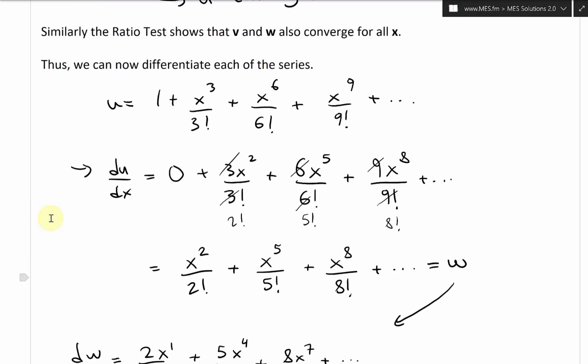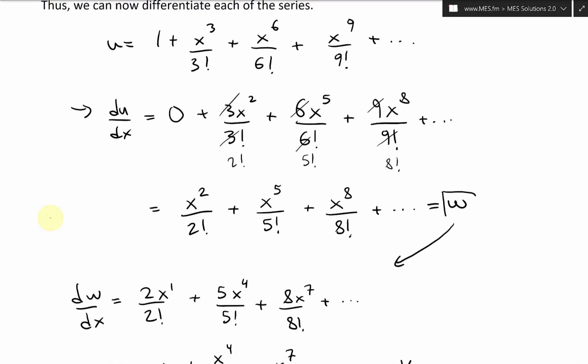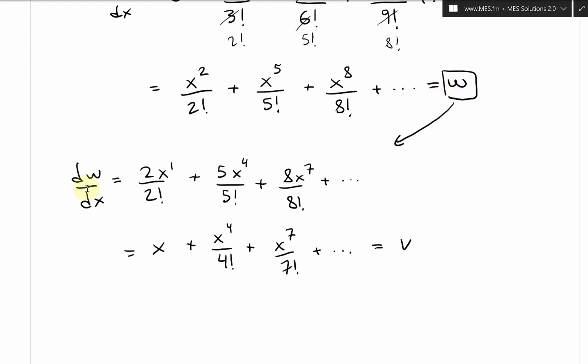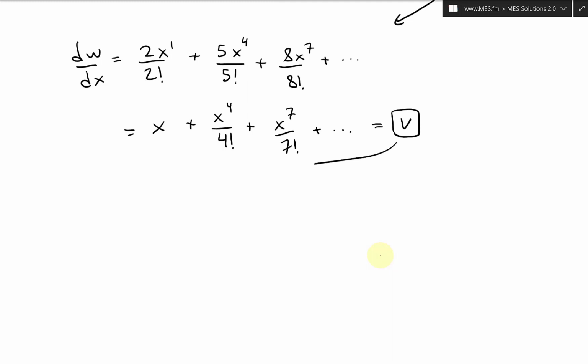All right, so what I'm going to do is box this in. So du over dx is equal to w, dw over dx equals v. And now, so that's v, so let's take the derivative of this one now, and this should be u. So dv over dx, take derivative of this one, is already written down, so we don't need to write it again.